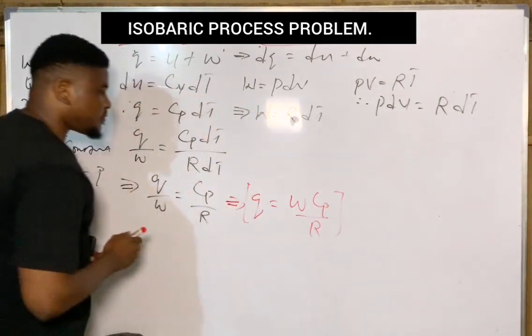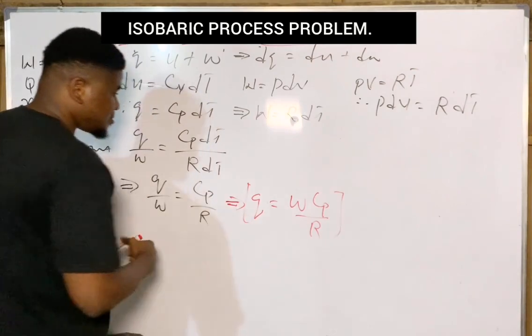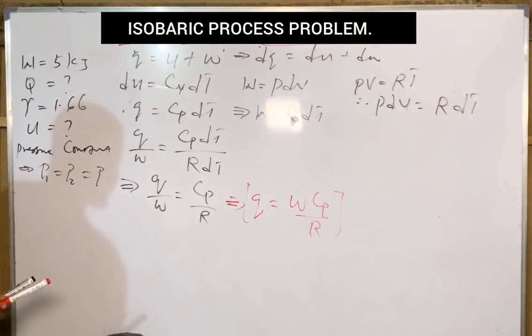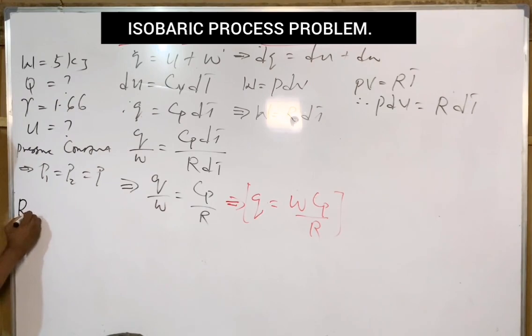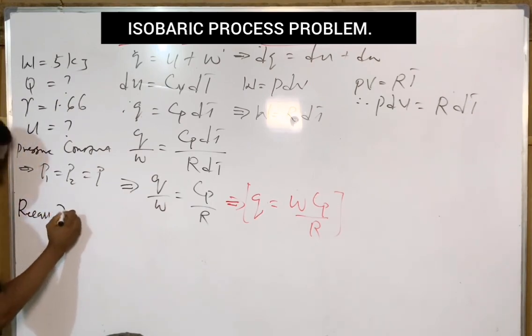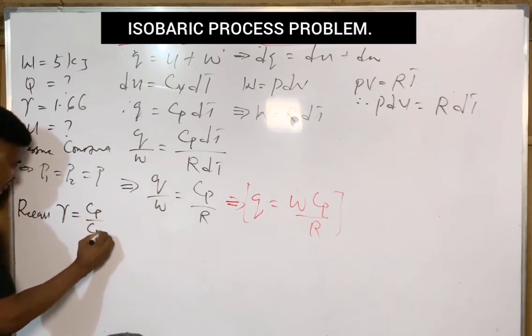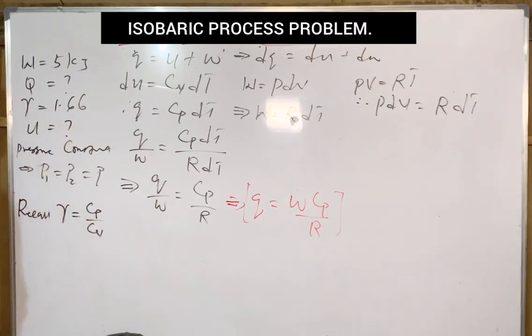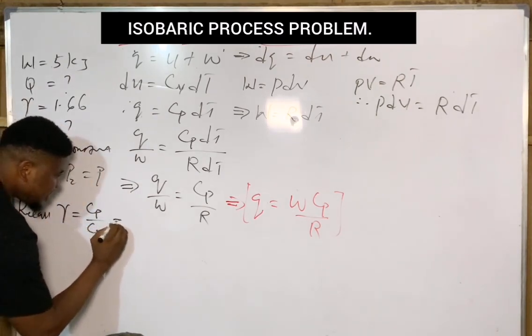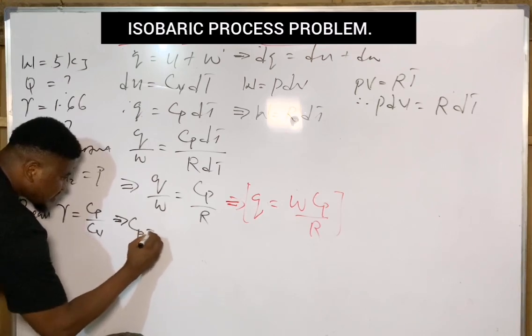We know the value of work done, but we don't know what Cp is and we don't know what R is. We need to now find Cp and R. You recall that the isentropic index of expansion and compression is given as Cp all over Cv, and we have the value to be 1.66. So from here we can simply make Cp the subject of the formula.